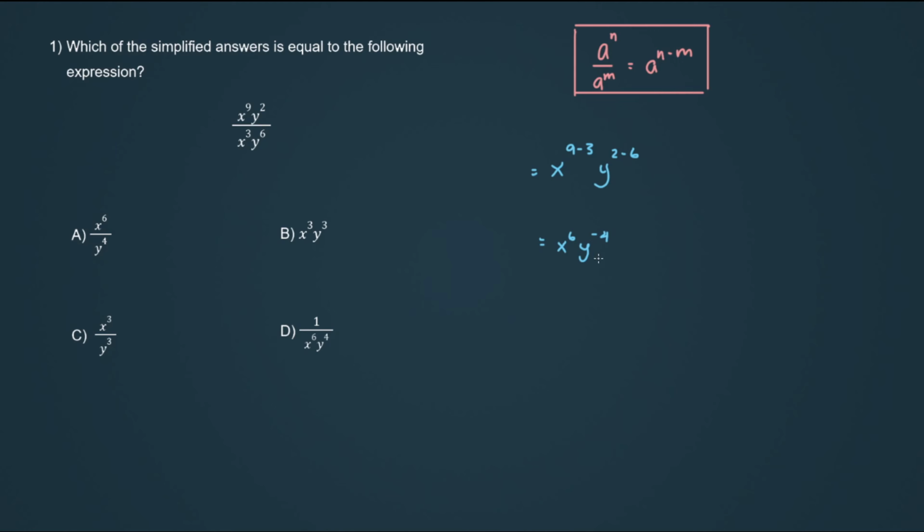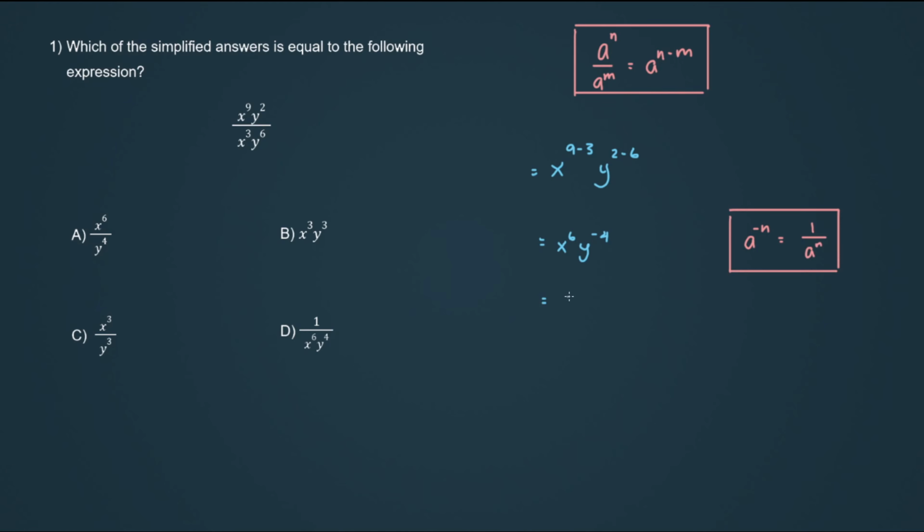Okay, we have a negative exponent here, so we have to use this other law. A to the minus n is equal to 1 over a to the positive n, okay? Whenever we have a negative exponent, it's going to go to the bottom. If it was already on top, it's going to go to the bottom, and we're going to flip that sign from negative to positive, okay?